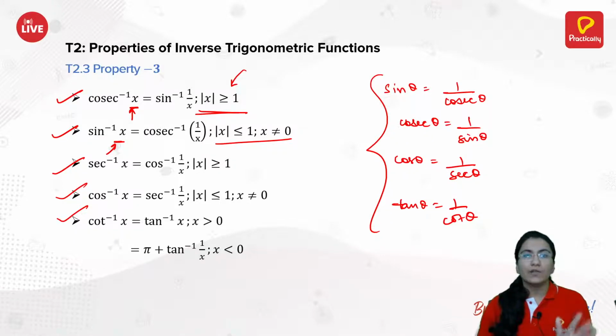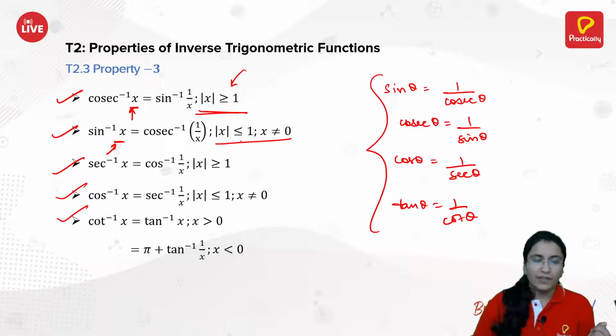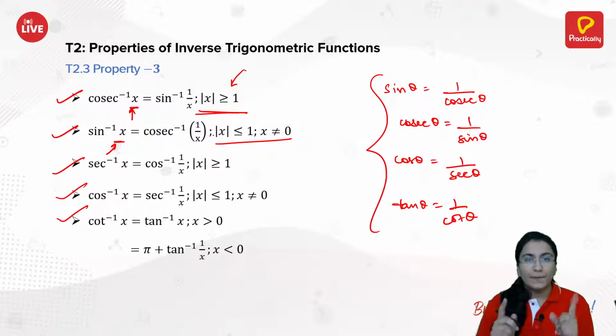If x is supplied to sine inverse x, then x must be according to sine inverse x. So that must be absolute value of x less than or equal to 1, which is the domain of sine inverse x, right?